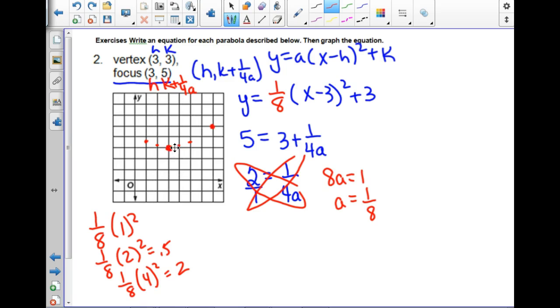It's the 1 squared, 2 squared method: from the vertex, right 1, right 2, right 3, right 4, and you can figure out where the points are by doing the a value times those values squared. So the distance from the vertex is 4, I got 2 for the y. I can go to the left 1, 2, 3, 4, or up to the left 1, 2, 3, 4.